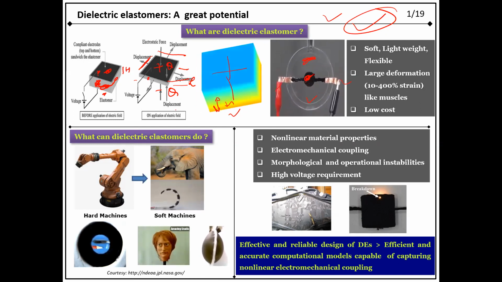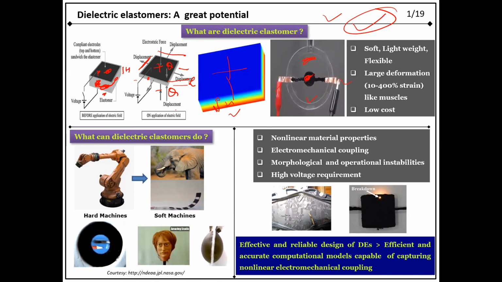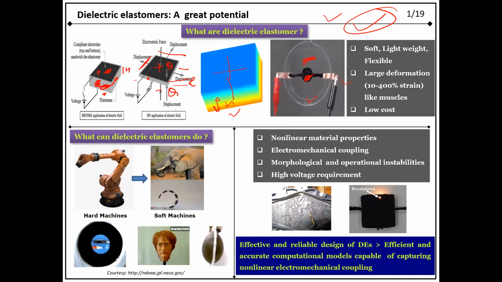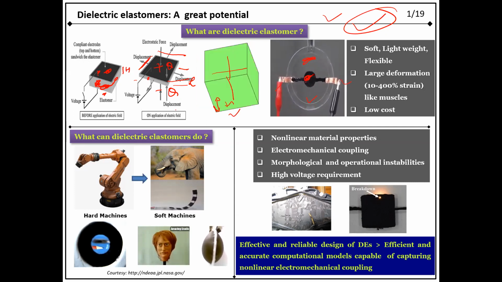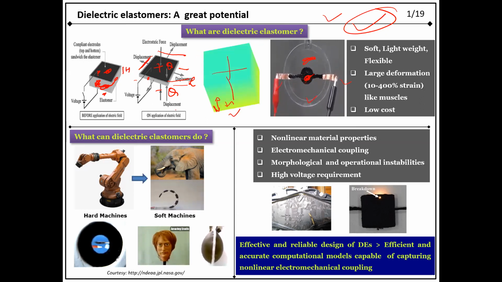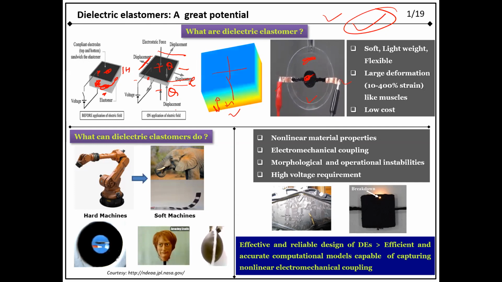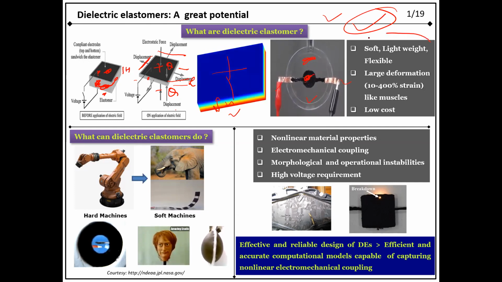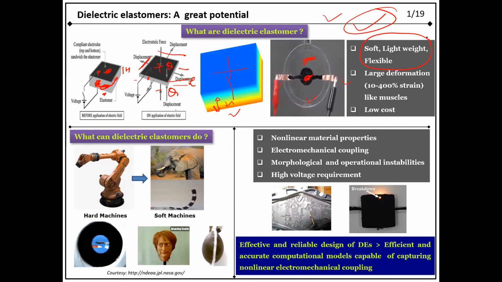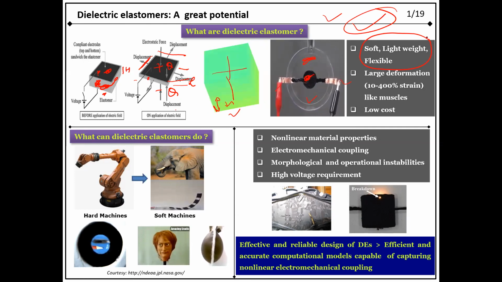When we talk about the characteristics, why these elastomers or actuators are different from traditional actuators, that is because of their characteristics. These are soft in nature, lightweight and flexible, and they undergo large deformation.